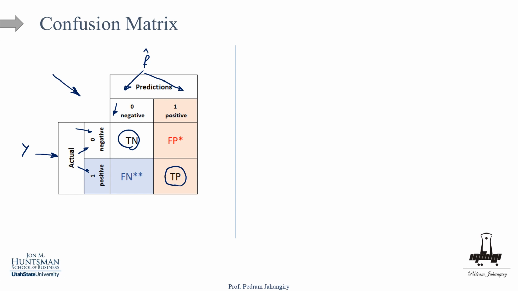On the other hand, we have some errors, right? What are the misclassifications? Let's label them. I'm going to use red. If in reality the actual value is 1, but the model is falsely predicting it to be 0, this is our false negative, right? This is a bad number.